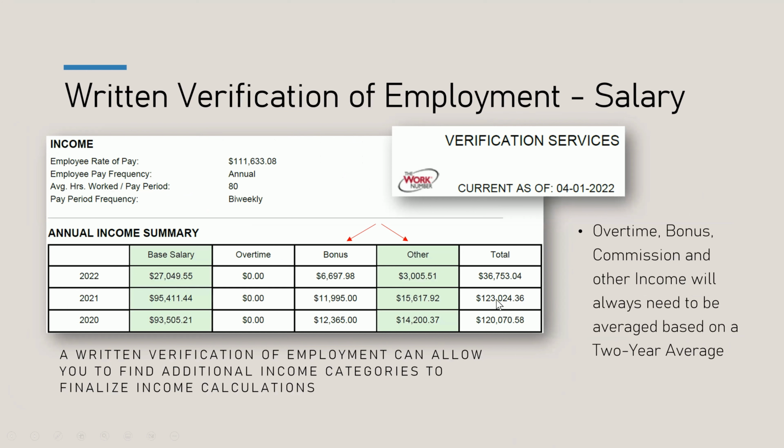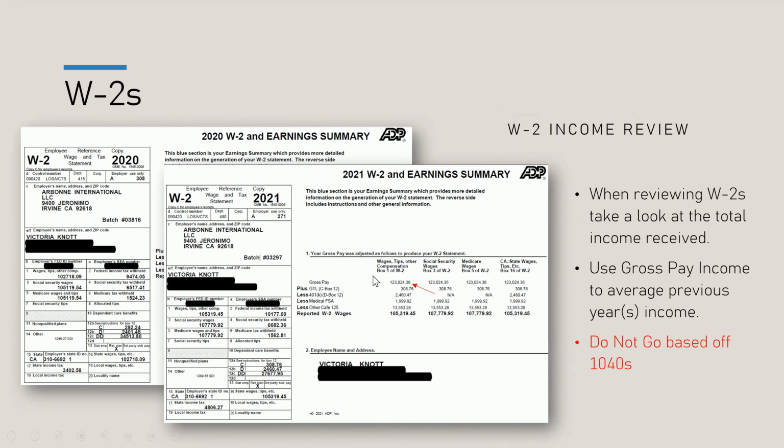So long as that matches, you just want to make sure that matches. In this instance it is not matching: it says 105 here and 123 there. The reason is that she also gets certain items that are non-taxable. So this is what she was taxed on, but her total income was 123.